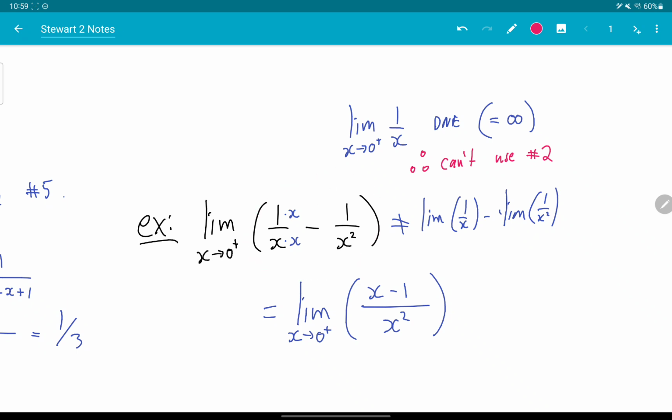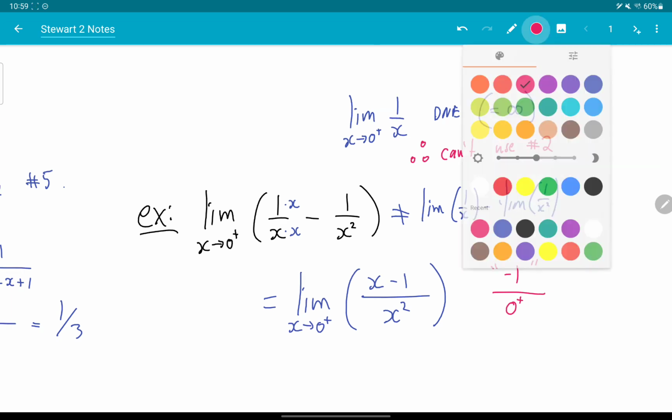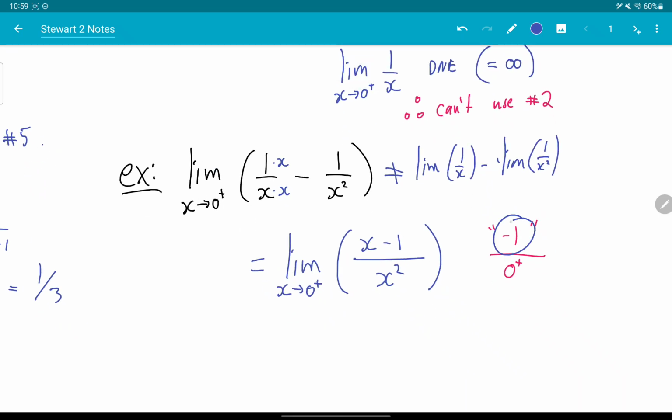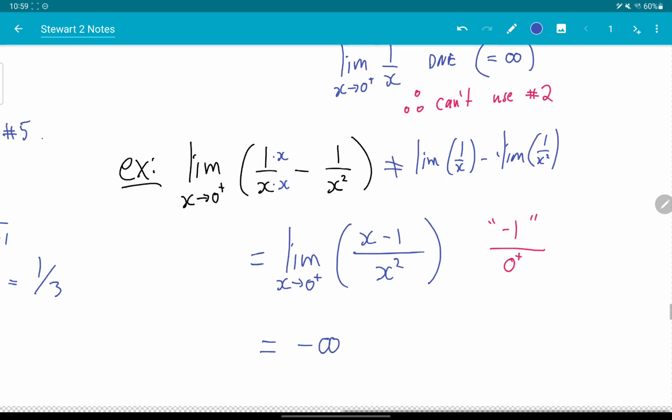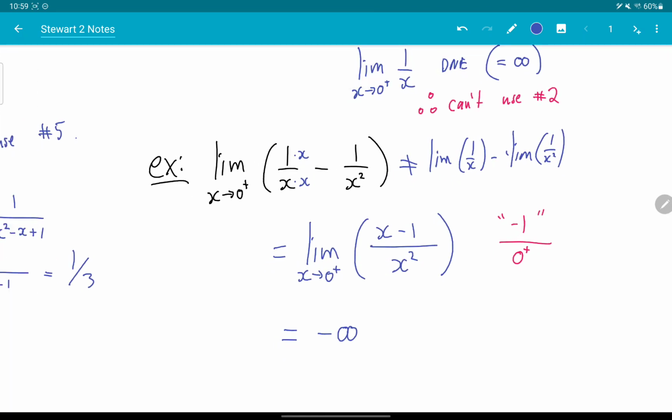This is no longer so strange. The numerator goes to minus 1. The denominator goes to 0 plus. Okay, so I have a negative number divided by a positive number. So I'm actually going to get minus infinity here. Okay, we'll talk more about these difficult limits elsewhere in the notes, but for now I wanted to emphasize that I cannot use number 2.